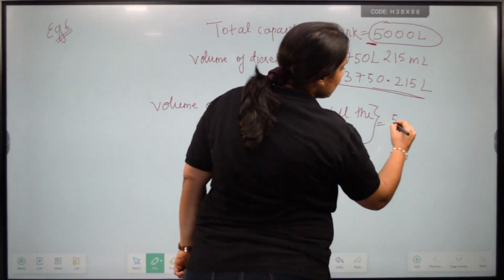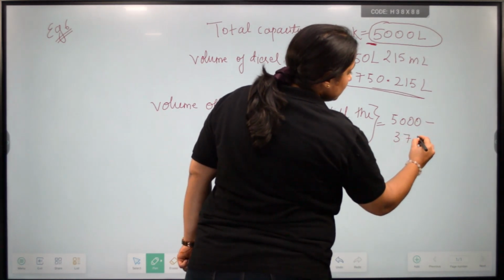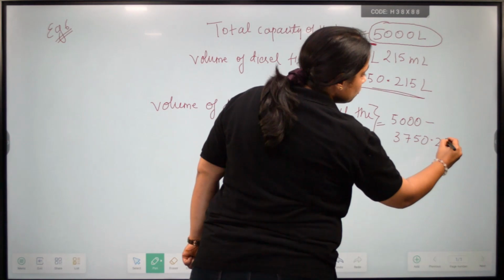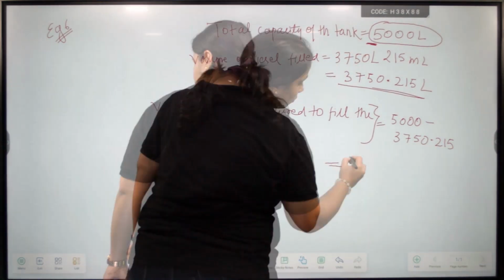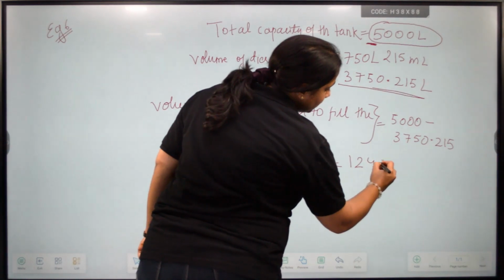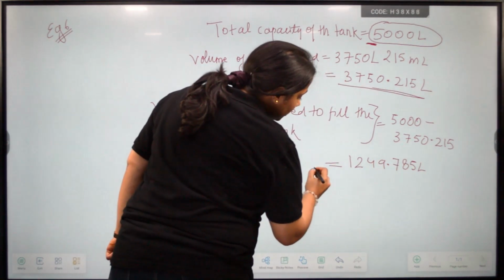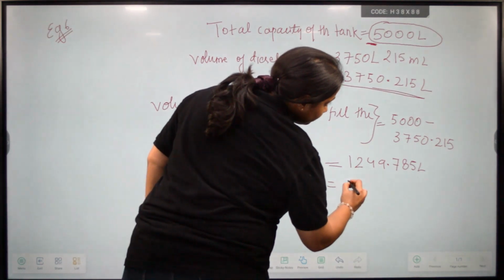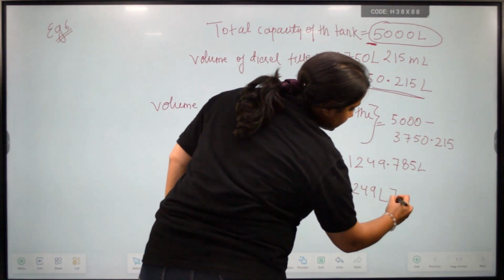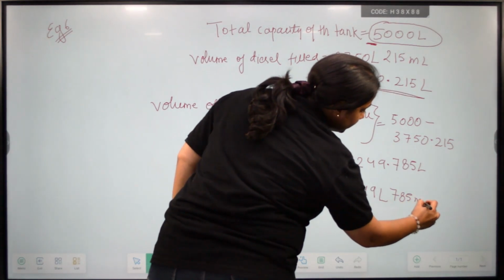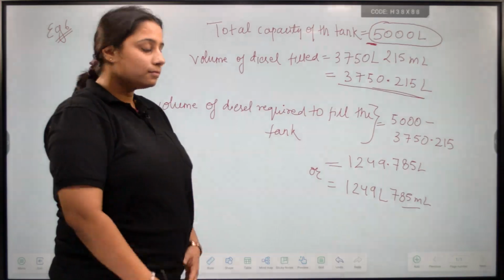It will be 5000 minus 3750.215. So the final answer will be 1249.785 liters, or it can be written as 1249 liters and 785 milliliters. So this is how we have to perform this question.